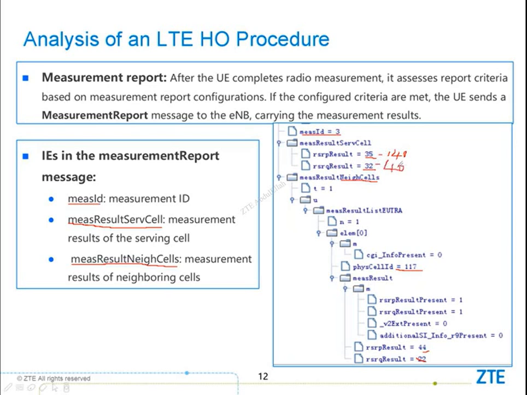Minus 40 is minus 8, right? And minus 8 divided by 2, so that means this value is minus 4. Okay, it's minus 4 dB. So you just remember RSRP values in here all need to minus 140, and RSRQ values should minus 40 and divide by 2. So for the neighbor cells, RSRP and RSRQ are the same.